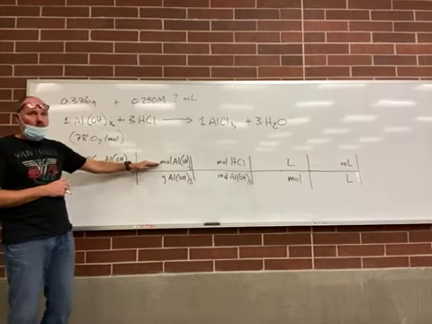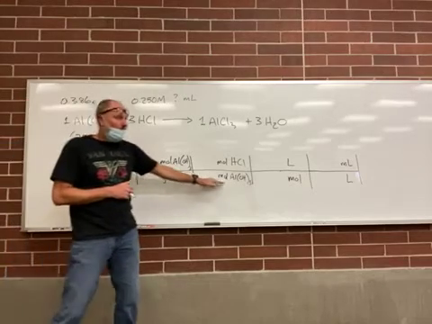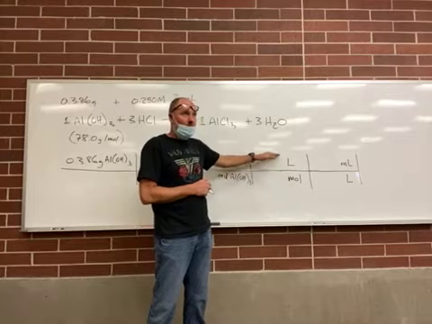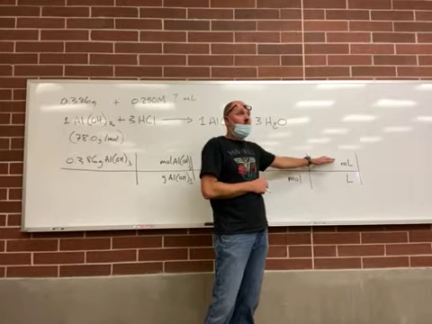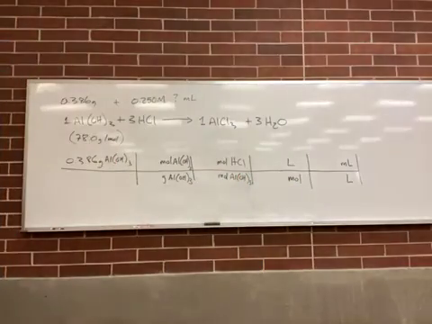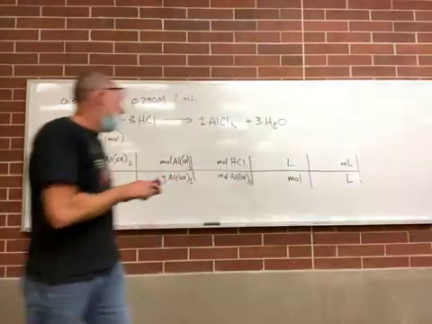Moles, I know that through the molecular mass. Moles, here's my stoichiometry, here's my molarity, and here's my conversion from liters to milliliters. Isn't that kind of fun? So it all sets up very logically, very consistent with what we've already done with our stoichiometry. So now we get to go in and plug everything in and make sure everything cancels out.